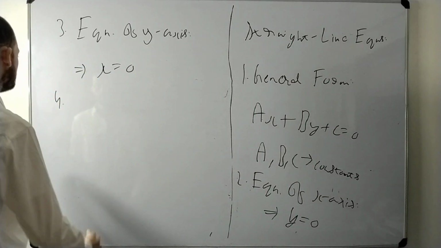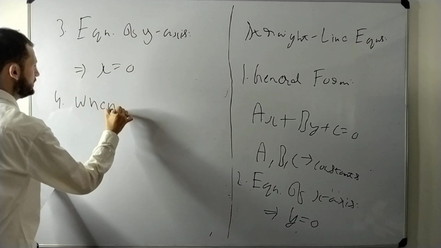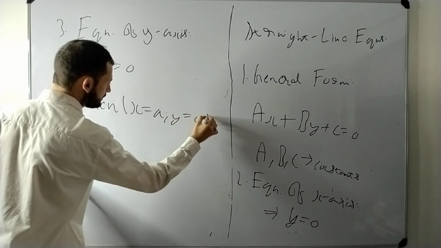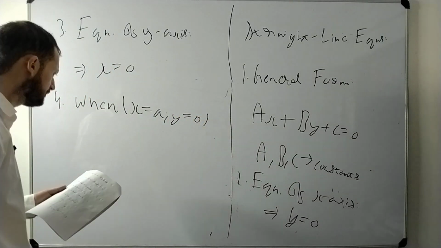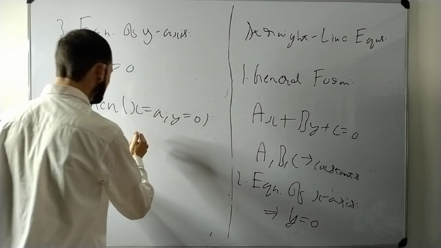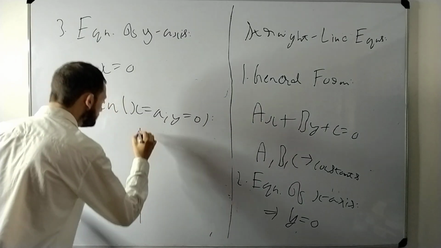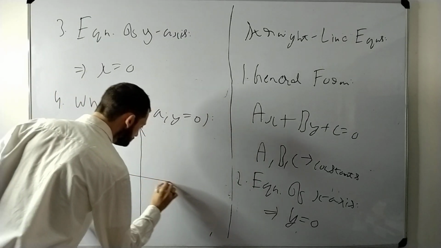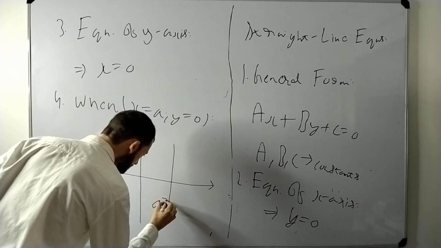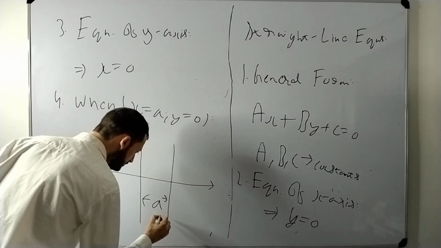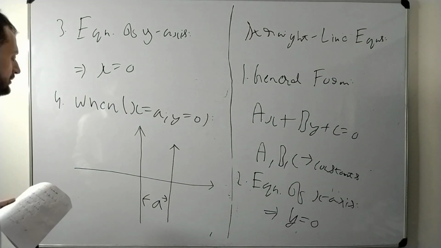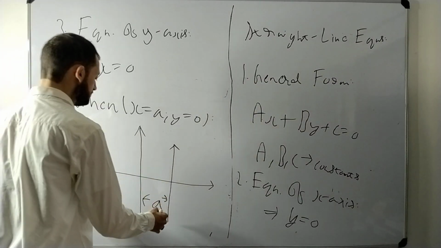Fourth point, yes. When x happens to be a and y is what, students? 0. The equation of line, not the equation, the graph of the line. Yes, the graph of the line should be what, students? Yes, this is the a distance and this is actually the graph of x is equal to a and y is equal to 0.